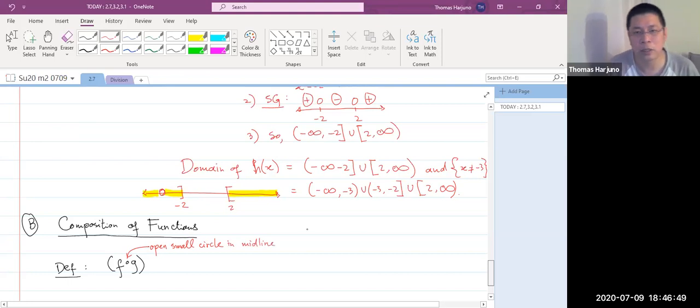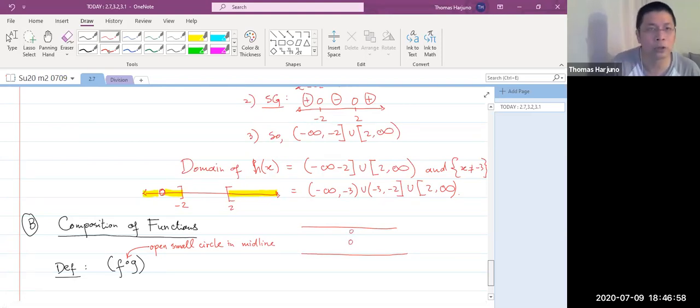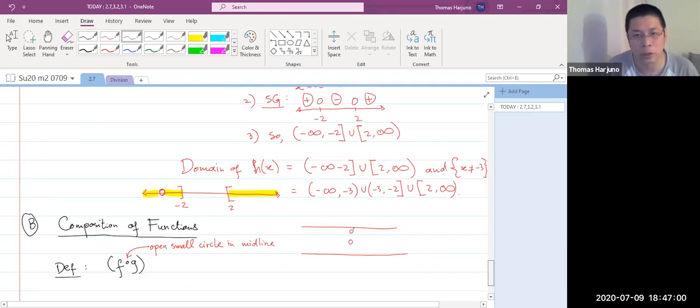So let's say these are the lines for your paper. The composition symbol is put in the middle, not above like a degree notation, and not below as if it is a decimal point. It's a middle line.